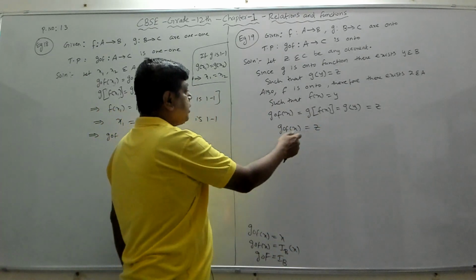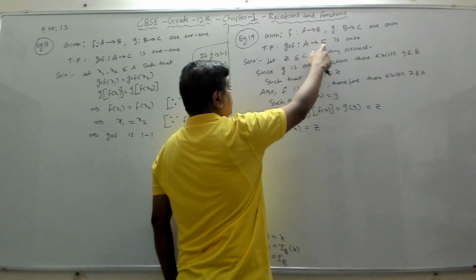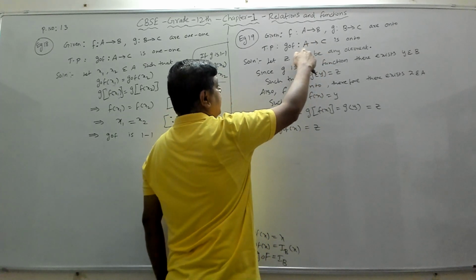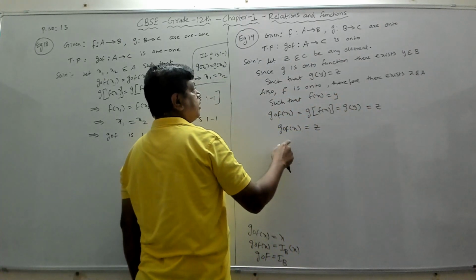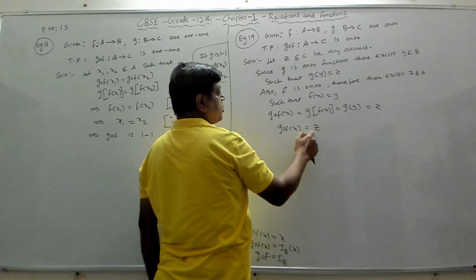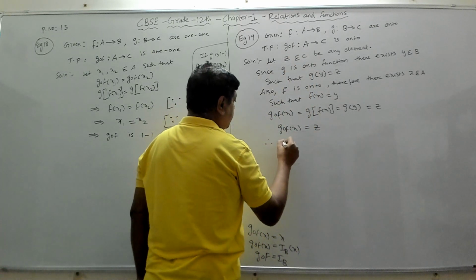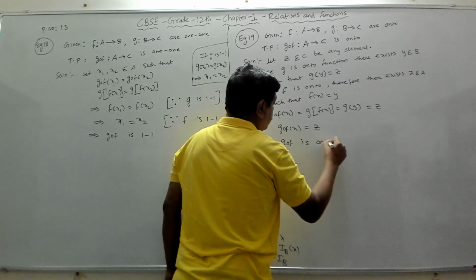So any z I took from this set C, we were able to find an x in this set A, because x belongs to A, such that g of f of x is equal to z. Therefore, it makes g of f onto. G of f is an onto function.